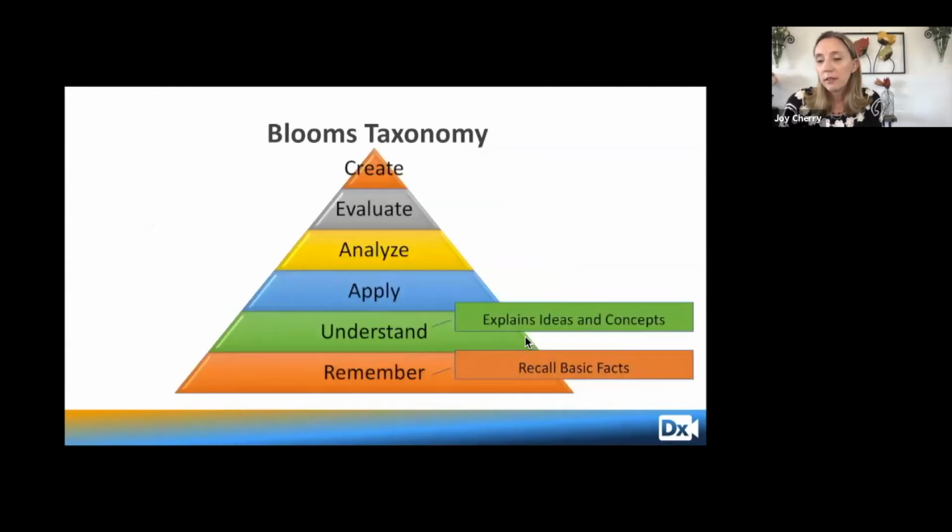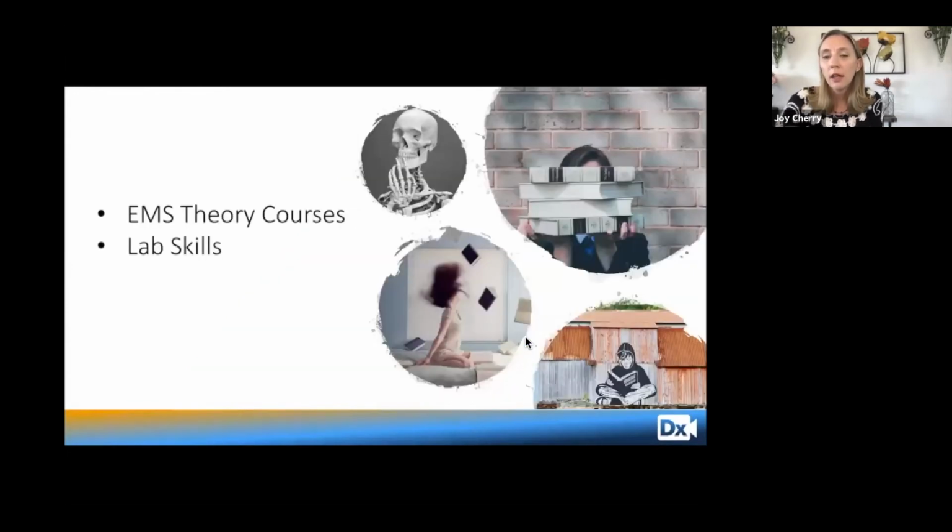Getting into this a little bit, the remember phase is recalling basic facts. The next phase is the understanding phase, which explains ideas and concepts behind the basic facts. This is a good chunk of what we do in EMS education and EMS theory courses. Most of your basic facts will be introduced in theory, but you also have some basic things that are introduced in labs.